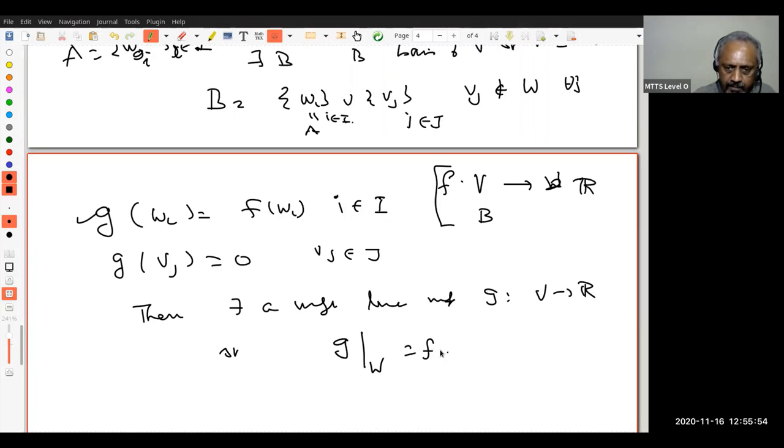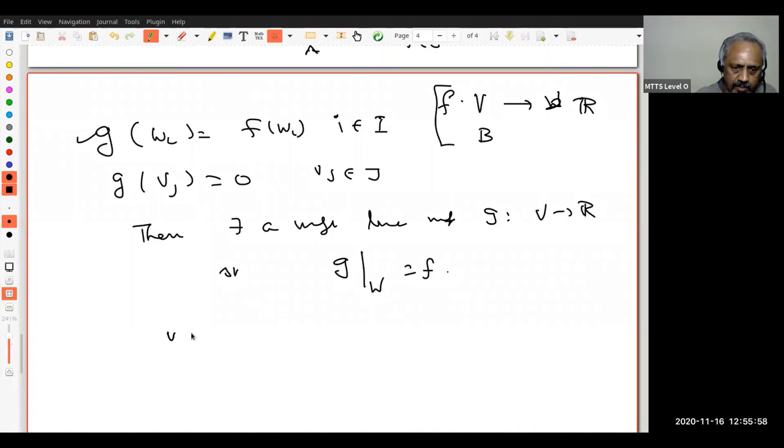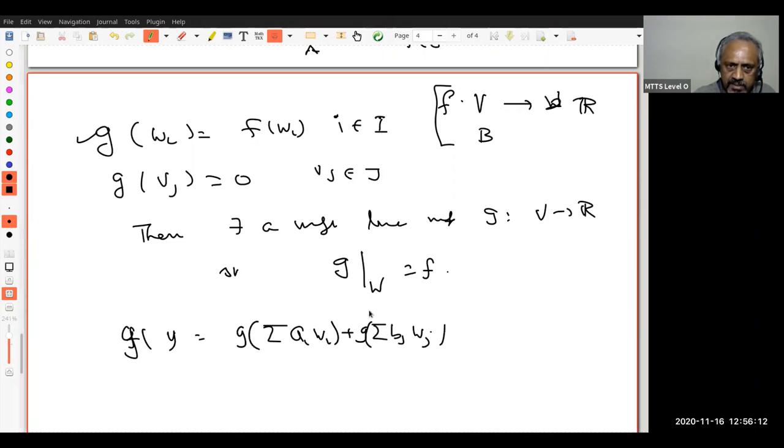Is that clear? Any vector in V can be written as the sum of a_i w_i plus the sum of b_j v_j, but notice that these are all finite sums. Therefore, when I operate G on this, how did I extend G? By this action. This is the sum of a_i G of w_i plus b_j times G of v_j, which is 0.